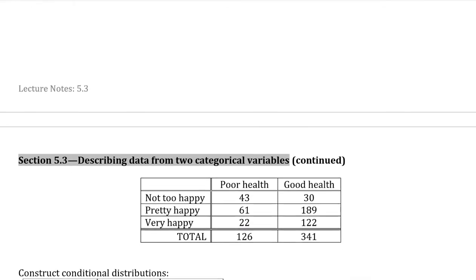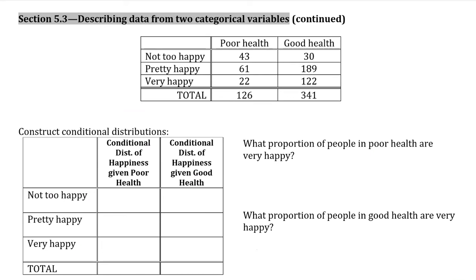If we continue through with this example, we're going to look at the conditional distributions mentioned earlier. What we're going to do with the conditional distributions is look at the relative proportion. We're going to look at how many individuals relative to a certain total have a certain level of happiness, assuming that they have a certain level of health.